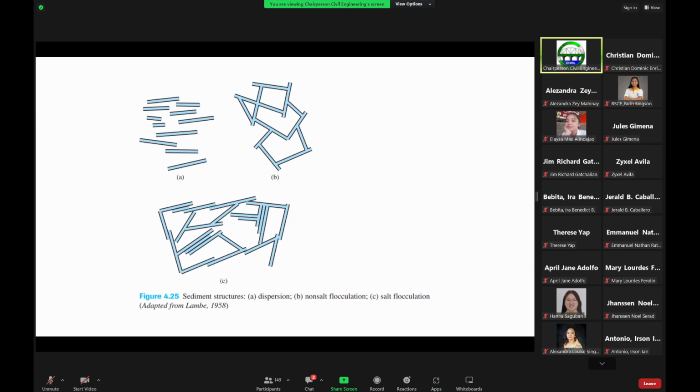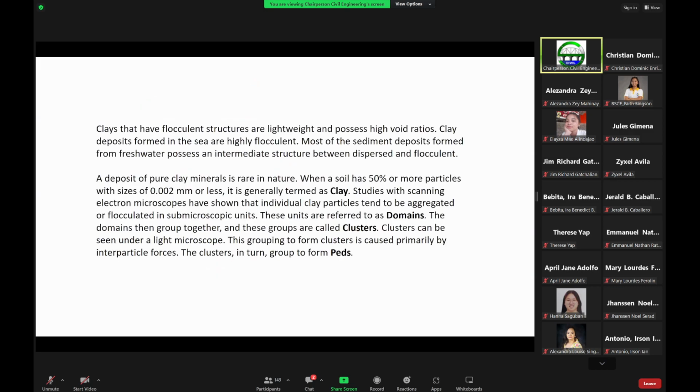So these are like sheets, the clay sheets. If you try to recall, the clay minerals. So clays that have flocculent structures are lightweight and possess high void ratios.